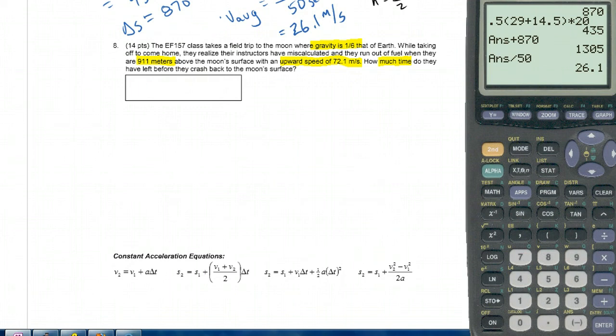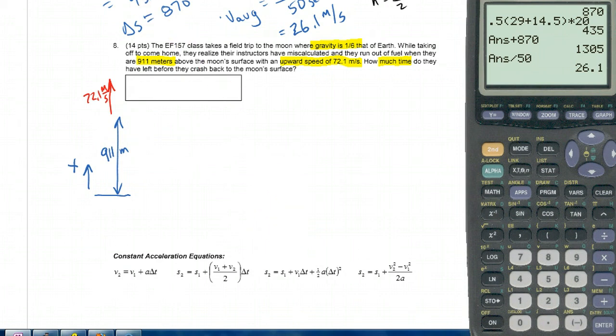So let's draw a quick picture here. Here's the surface. We'll take positive as up. We're 911 meters above. Okay, we have an upward velocity, 72.1 meters per second.